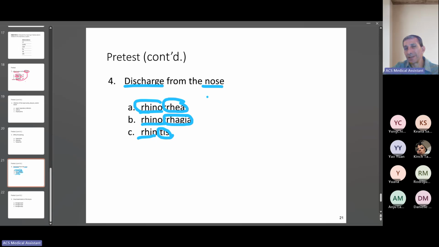So most of the time, in questions for a national exam, they usually change the word root so they don't try to trick you by saying rhino, rhino, rhino. No, they usually change the word root as well.